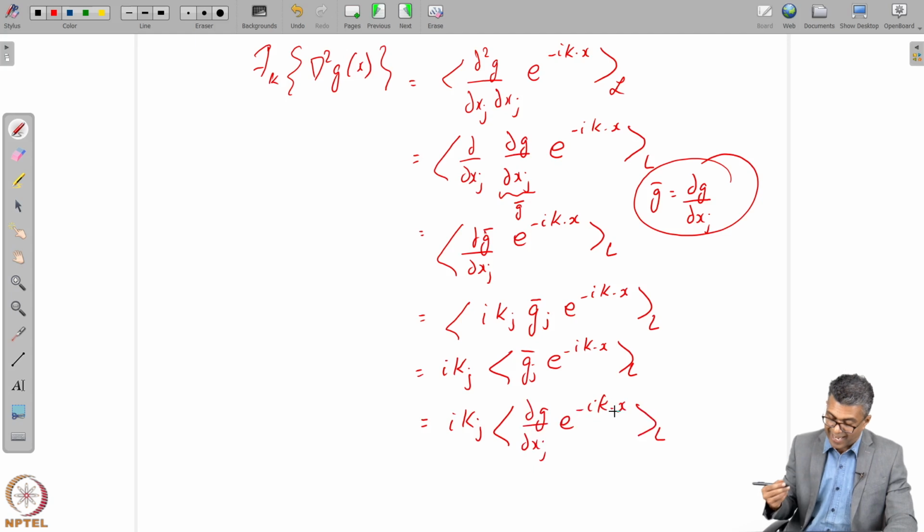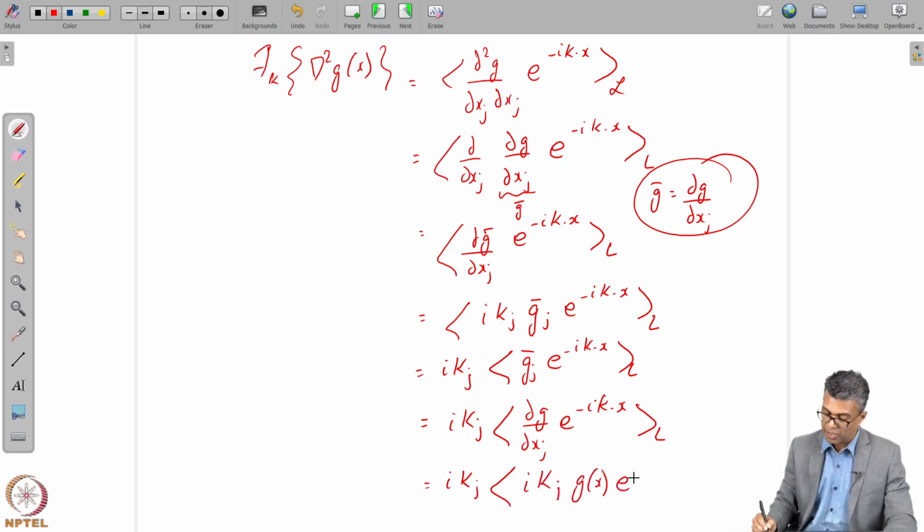Now this one again I write as i kappa_j, multiplied by, here inside, i kappa_j, and then g of x e to the minus i kappa dot x volume average, isn't it?